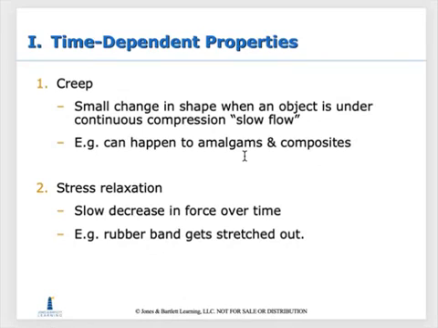This can happen to our amalgams and composites because they are constantly in saliva, with different temperature foods and beverages, different hardness of foods, and over time they keep getting compressed, which can eventually change the shape. For instance, certain sealants can get worn down over time because the material is not as strong.